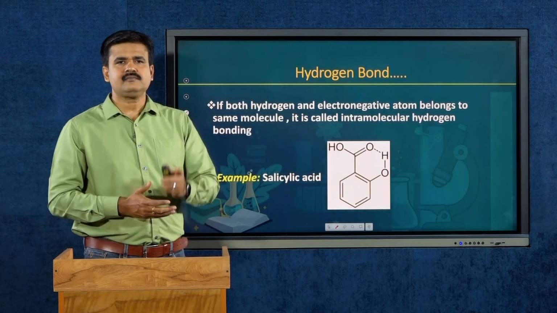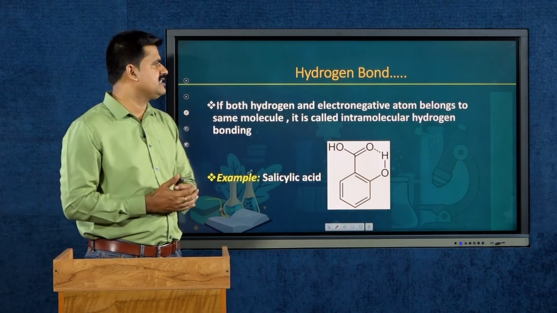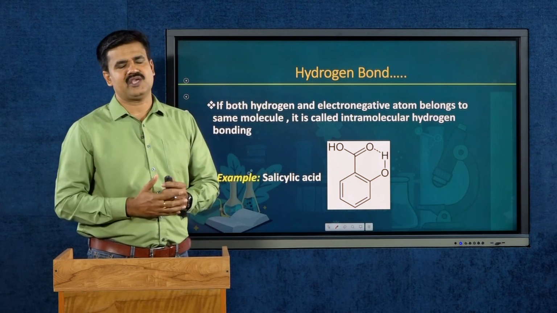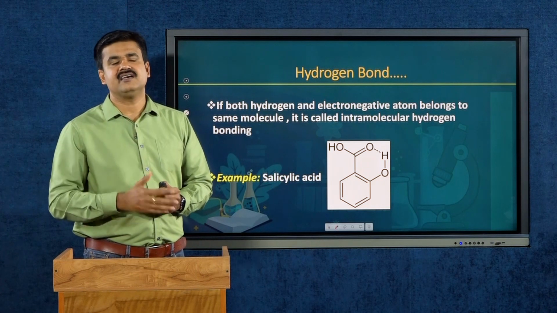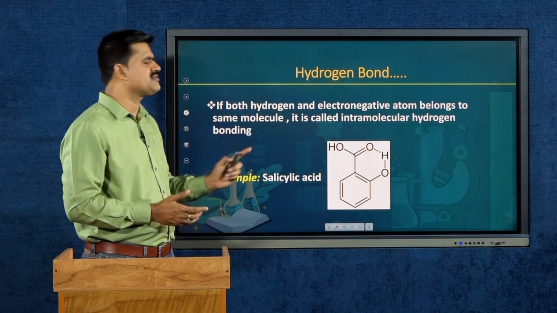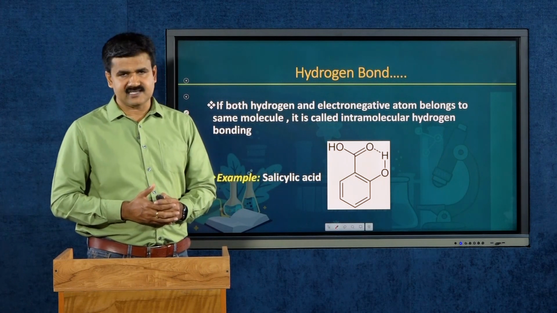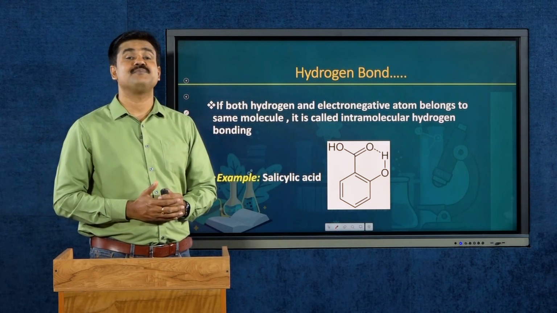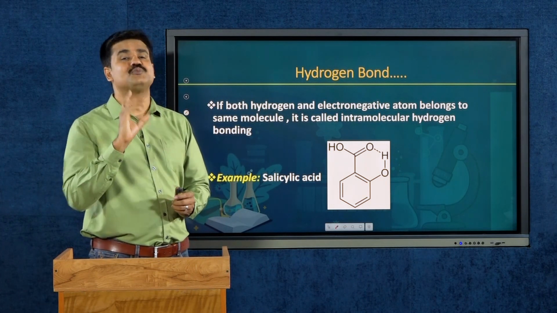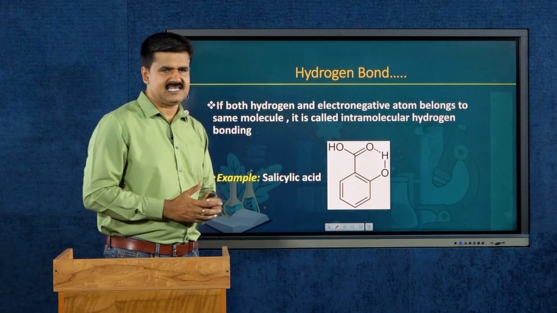Now, if the hydrogen and the electronegative atom belong to the same molecule, then it is called intramolecular hydrogen bonding. Consider the case of the organic molecule salicylic acid, that is ortho-hydroxybenzoic acid. There is a COOH group and an OH group in ortho positions. So this is salicylic acid.